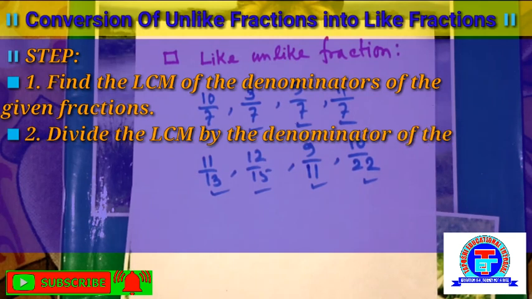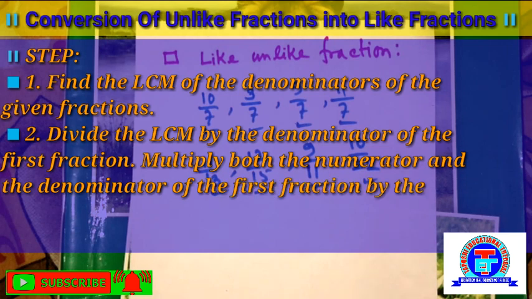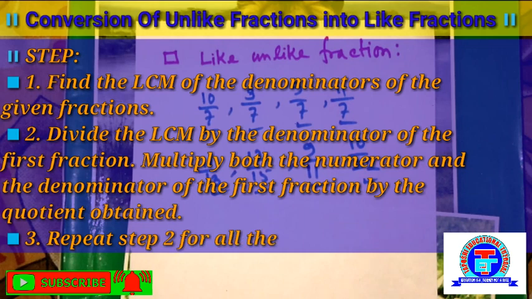Step number 2, divide the LCM by the denominator of the first fraction. Multiply both the numerator and the denominator of the first fraction by the quotient obtained. Step number 3, repeat step 2 for all the given fractions. In this way, we convert unlike fractions into like fractions.